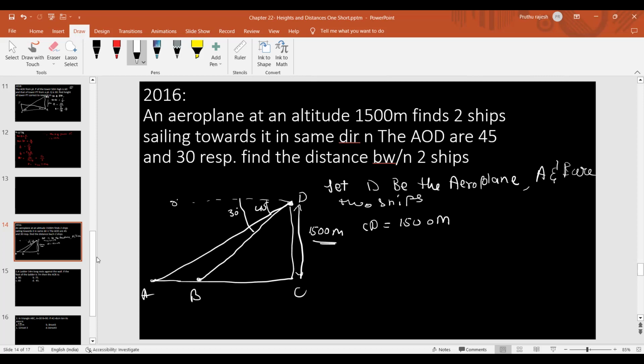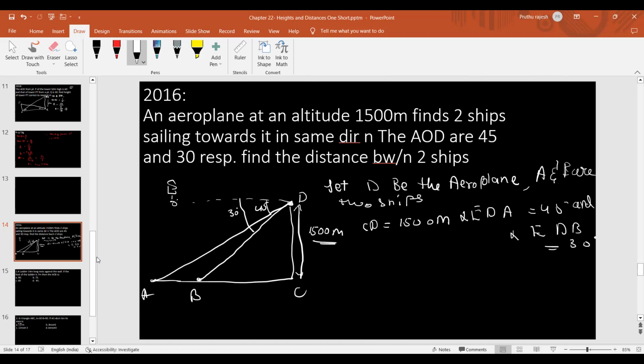Angle EDA, this 0 degrees is EDA. This EDA and EDB. Angle EDA is equal to 45 and angle EDB equal to 30 degrees.